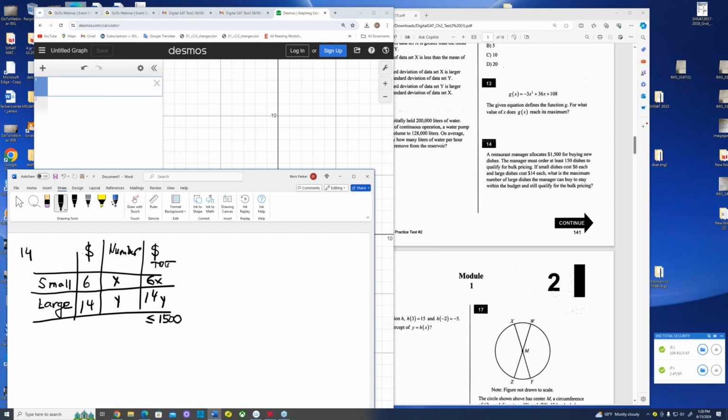Okay. And they said at least, it means greater or equal than 150. So based on this, you can write two inequalities. Inequality number one: x plus y is greater or equal to 150.